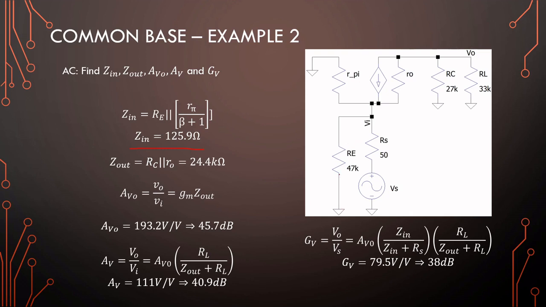So here decreasing collector current is very good for our input impedance, and you can also see that it is very dependent on our collector current right here. And in this case we have a gain of 193 with a very large RC that we're having.